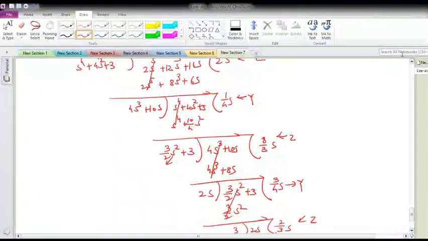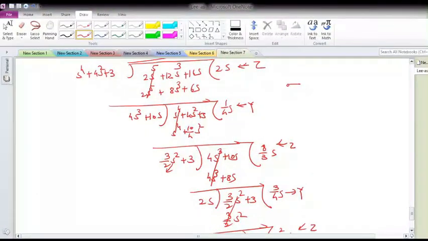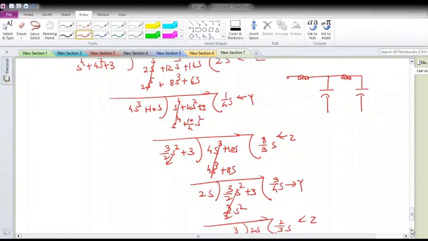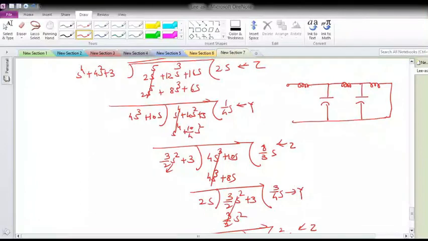Okay, and now let us realize, so if it is impedance then this will be an inductor, if it is admittance this is a capacitor, if it is impedance this is an inductor, capacitor, then there is one more inductor. Okay, and then it is 0, so that's why it is a short circuit. Otherwise if it would have been admittance, then it would have been open.